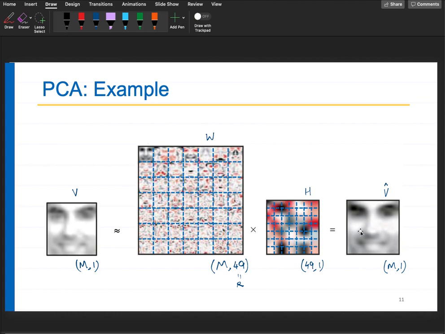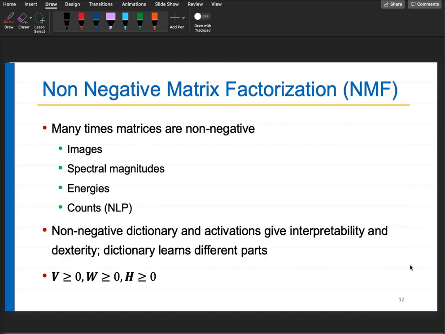Finally you clip out the negative values and this is what you get, which is certainly much better than your VQ representation. Because VQ was a hard mapping, but this is a soft mapping where you take different components from different images, add them up linearly and construct the whole face. So this was PCA.